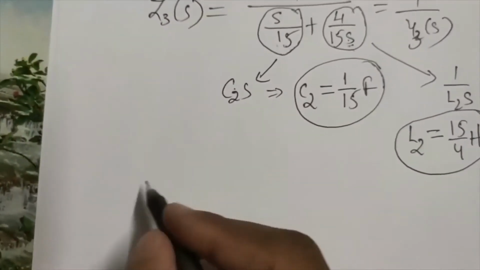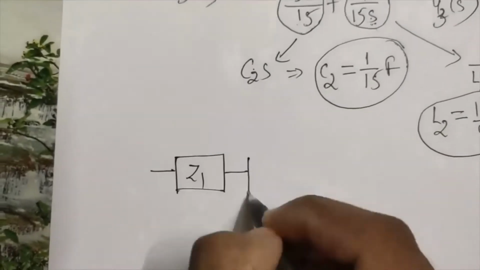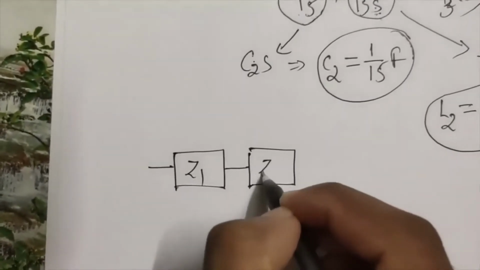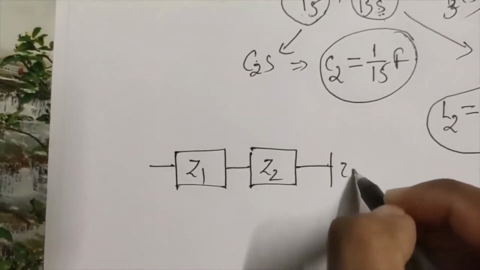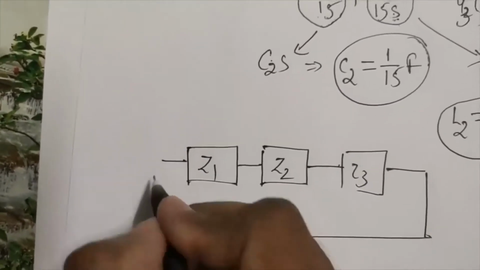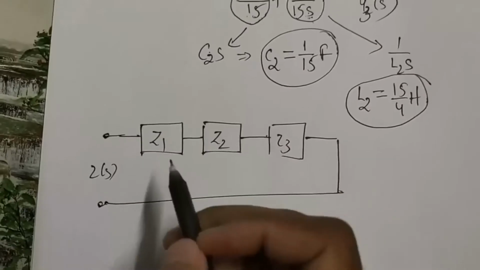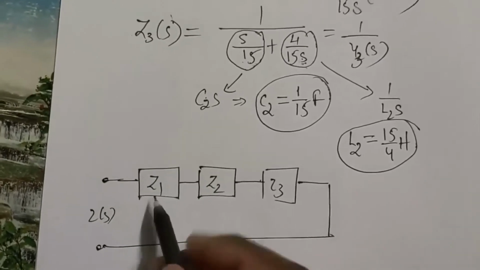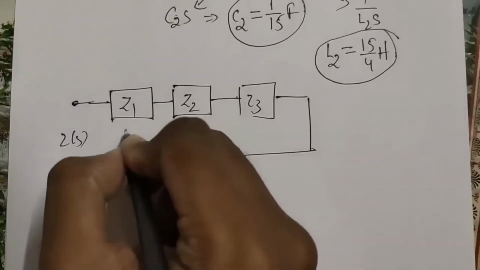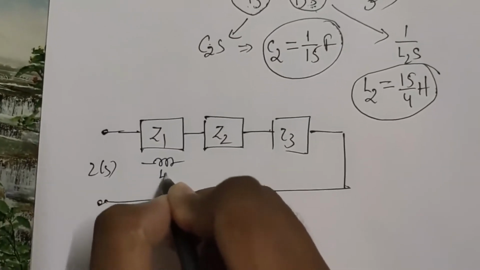So as we know, the general representation of Foster first form is, since we have only 3 terms, instead of Z1 I have an inductor of 4 Henry.